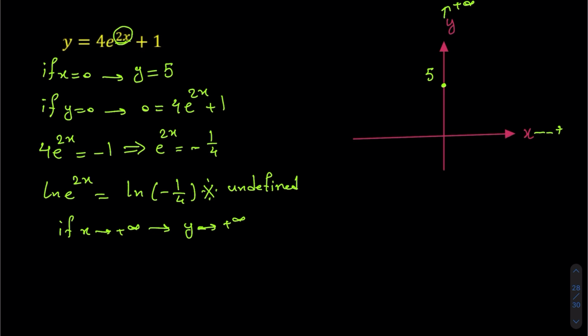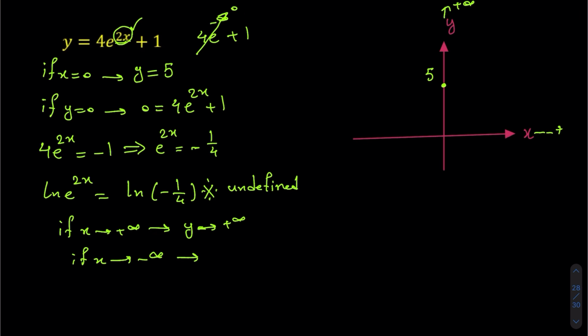But how about negative infinity? If x goes to negative infinity, what will happen to y? Then we will put negative infinity here, so we know that 4 times e to the power of negative infinity plus 1, and any number to the power of negative infinity is equal to 0.